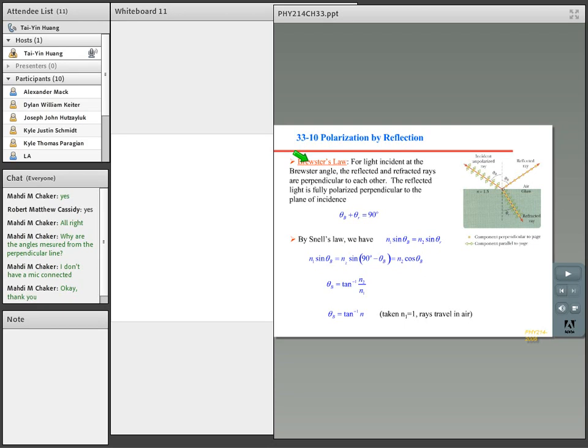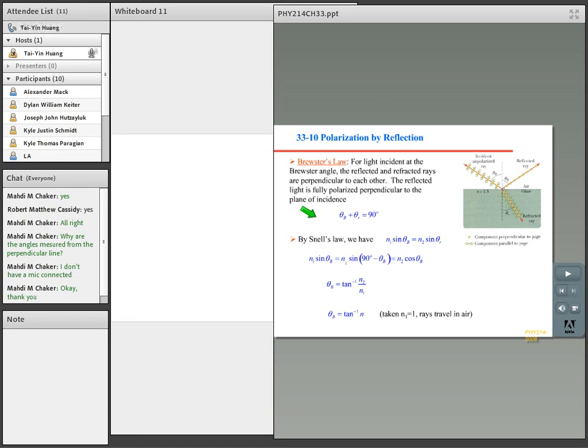Whenever you have an interface, it is a surface between different materials. So you have n1, you have n2, and light propagating through the first material. When it strikes the interface, this is the reflected ray, this is the refracted ray. This is the angle of incidence, this is the angle of refraction.